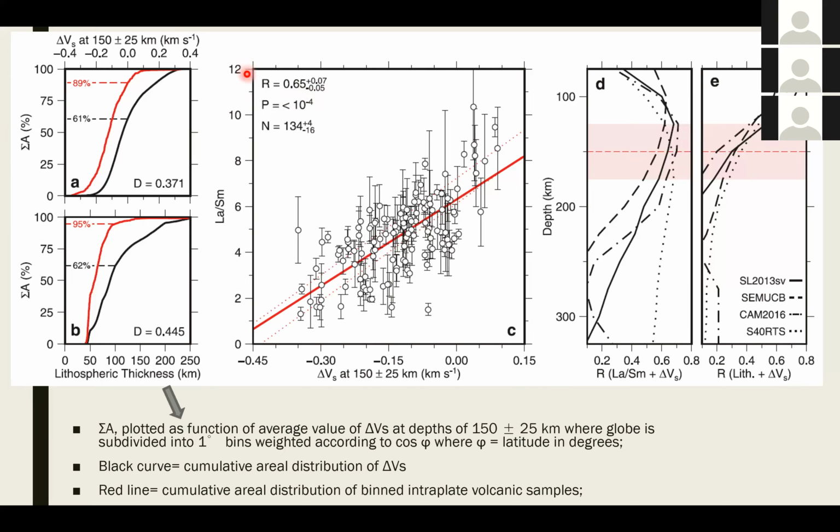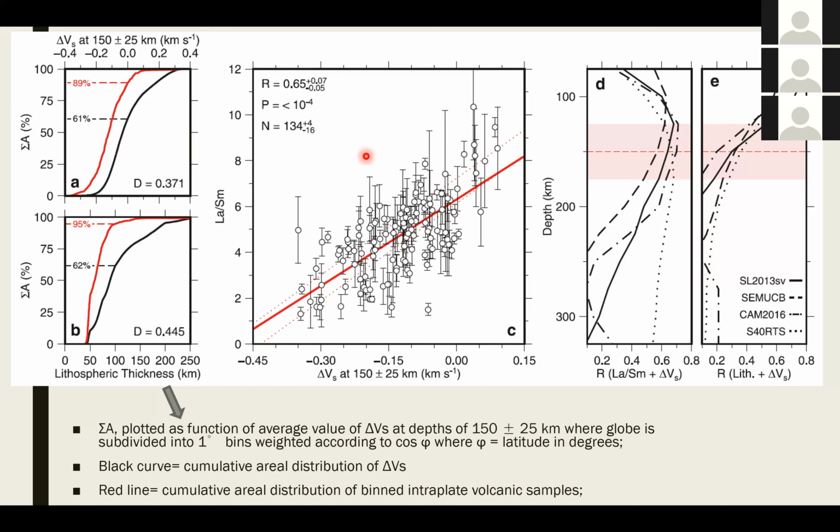And R in this diagram is the Pearson correlation coefficient, the P is the population correlation coefficient, and the N means the number and the range of the bins.